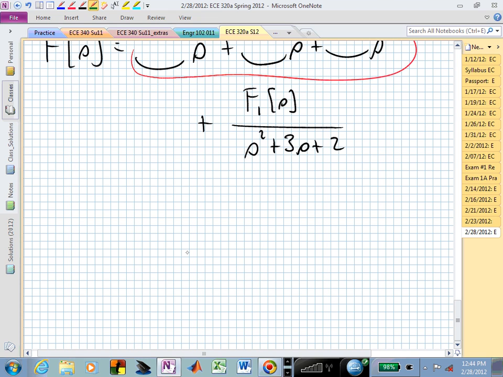We had our numerator, which was s to the fourth, and I've made this a little more interesting because I'm not including all of the powers of s that could potentially be there, but I'm going to now divide that numerator by the denominator, which is s squared plus 3s plus 2.